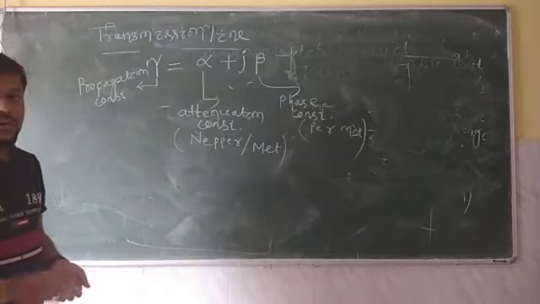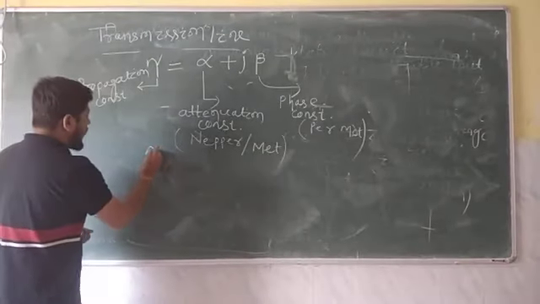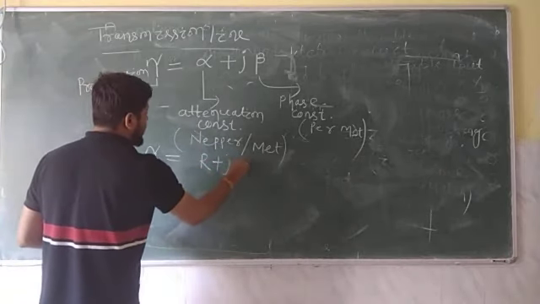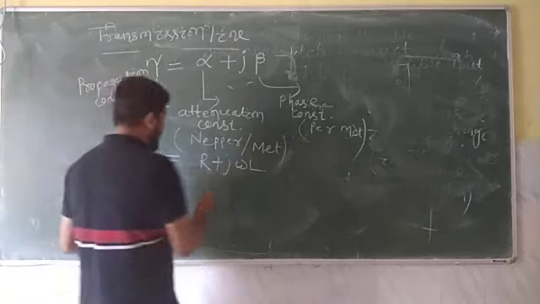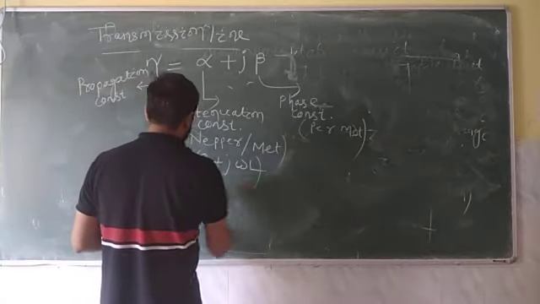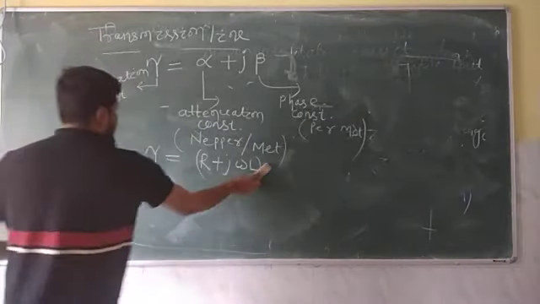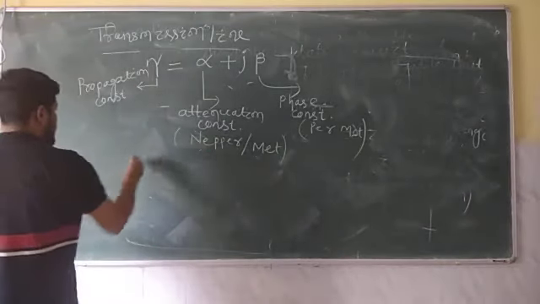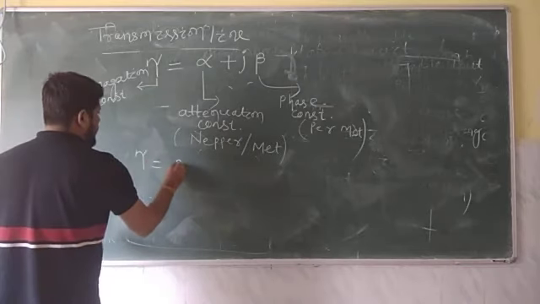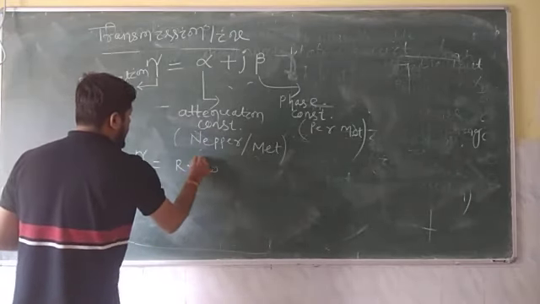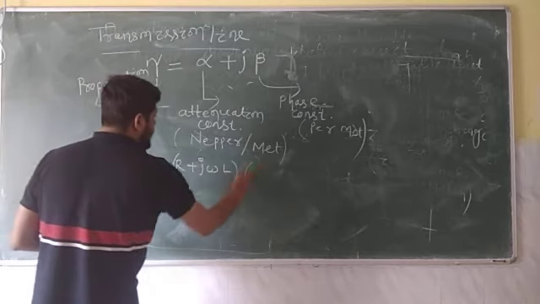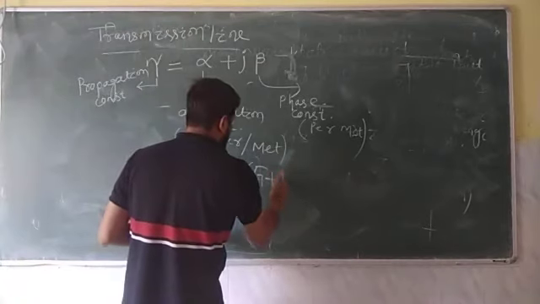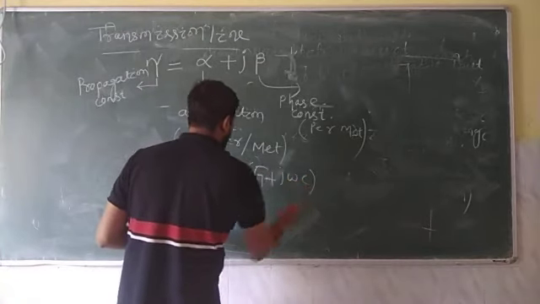Gamma is your secondary constant actually, and this gamma is equal to, we don't have any derivation, that's why I am writing the formula, root over (R plus j omega L) whole into (G plus j omega C).